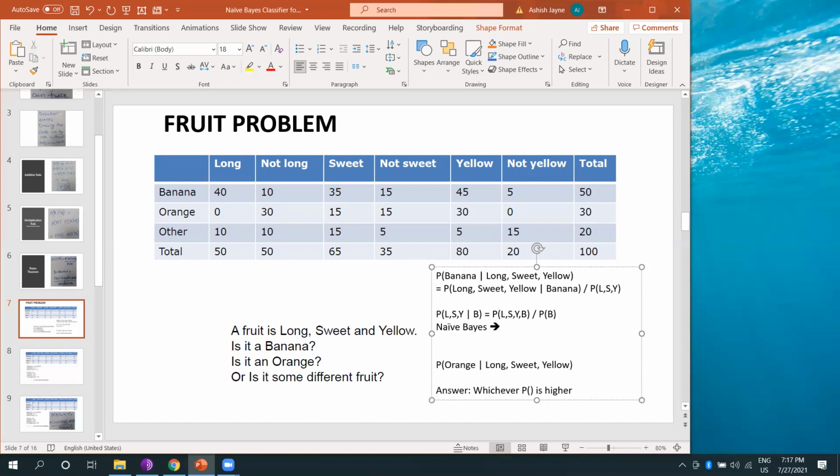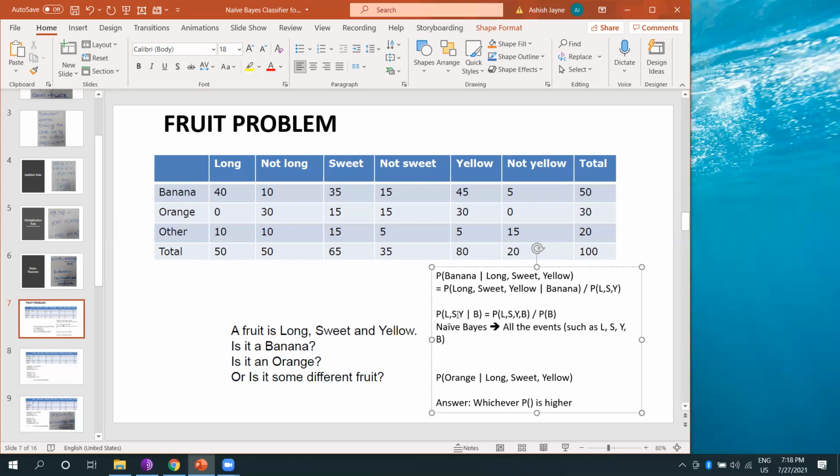this implies that all the events are independent of each other. Events L, S, Y: L is for long, S is for sweet, Y is for yellow, and B represents our banana.